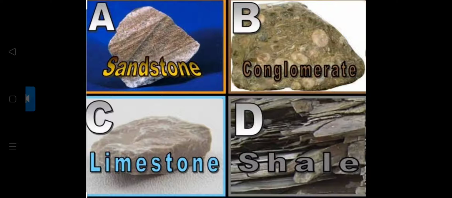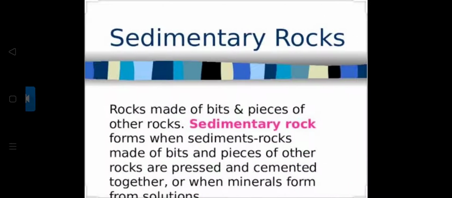Over the years, these mechanically formed sedimentary rocks get compacted and cemented to form rocks. Which are these mechanically formed rocks? You can say sandstone. Sandstone is mechanically formed, while organically formed is limestone.